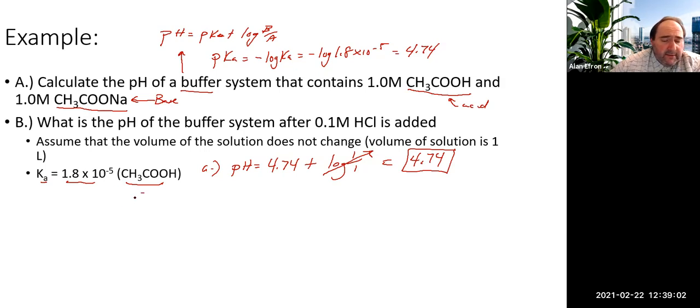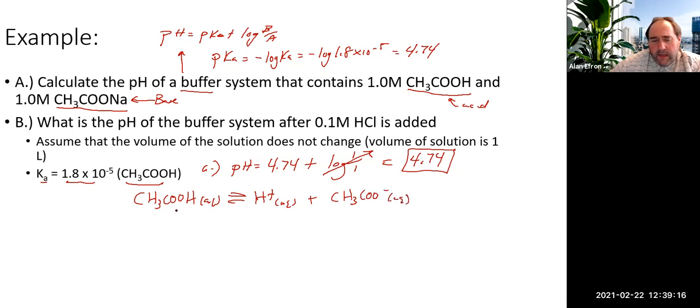If you wanted to do an ICE table, it would be just like what we've done before. It would look something like this if you chose this approach, which is perfectly fine if you want to do it. Initially, this would be 1, this would be 0, and the important part here, we would have a 1 for the acetate on our initial coming from here.